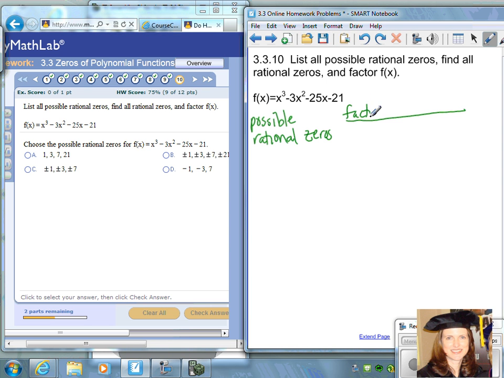factors of the last term divided by factors of the leading coefficient.